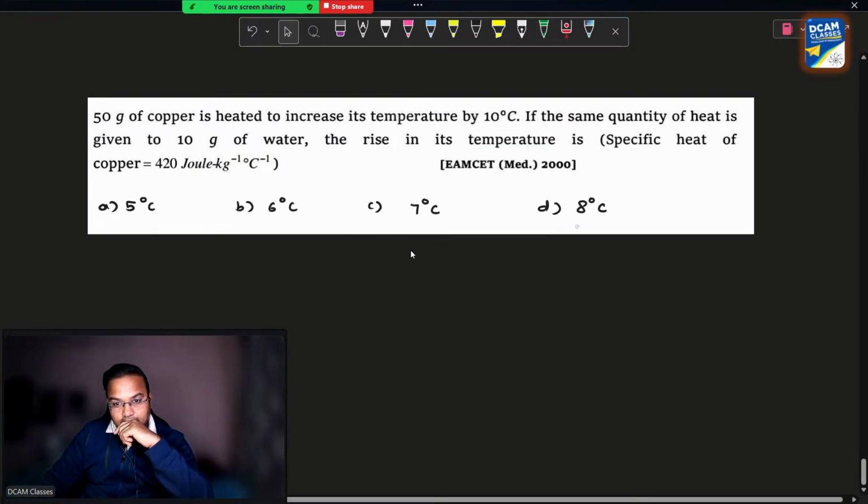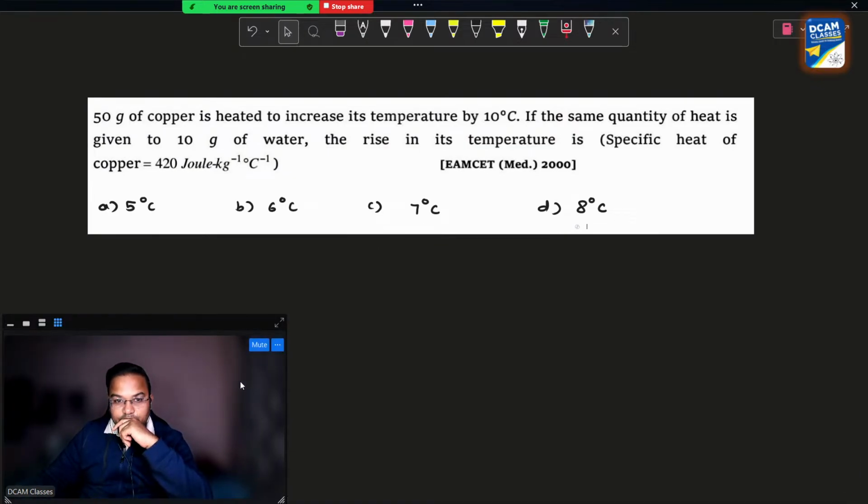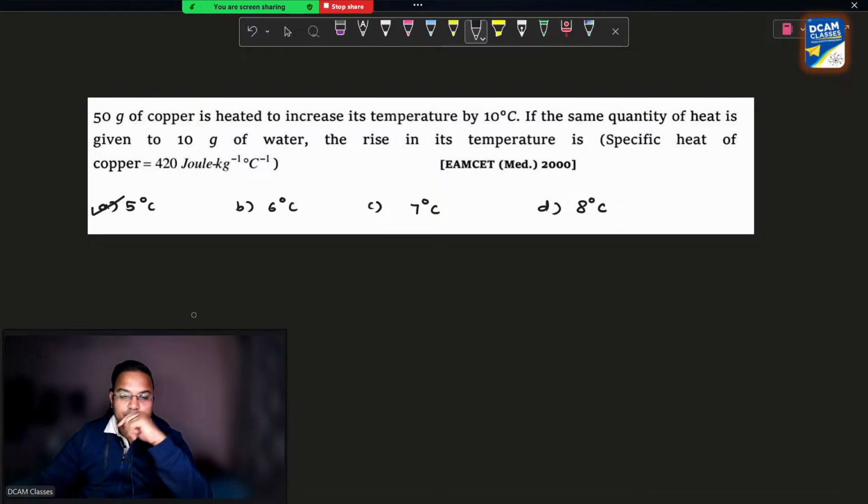Option A, 5 degrees Celsius. It was easy, na?